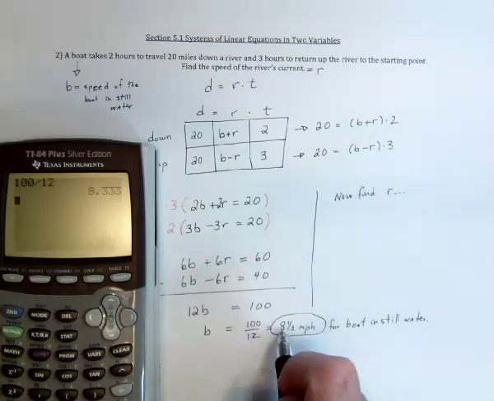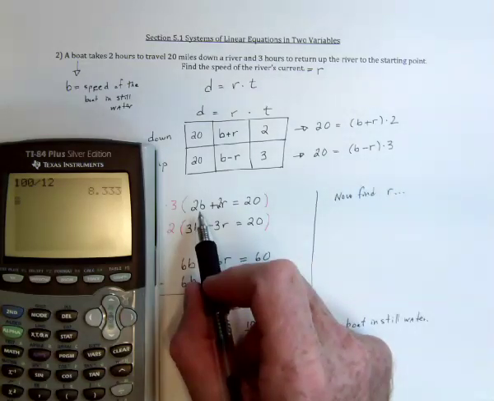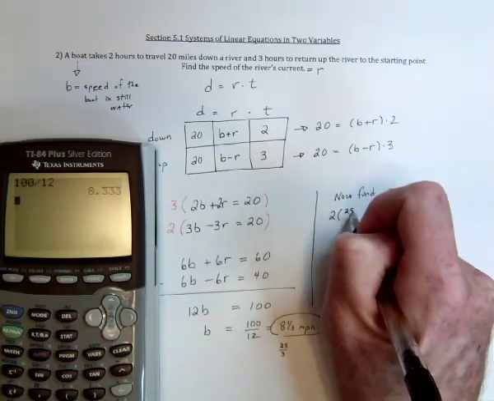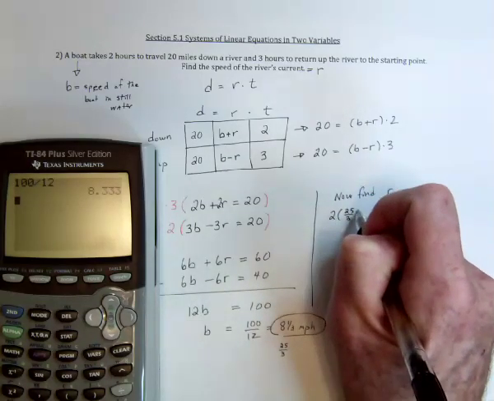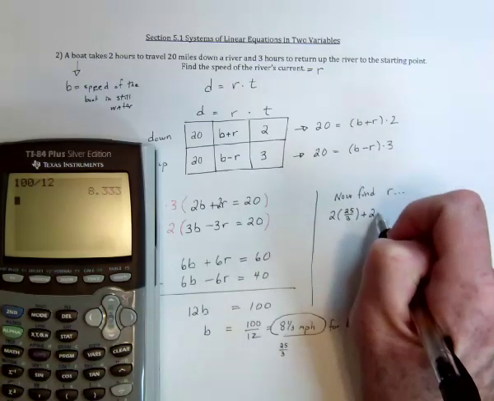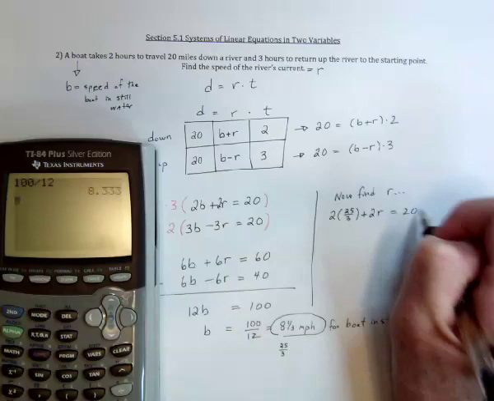So that's going to be 3 times 8 is 24, plus 1 makes 25, divided by 3. So using this equation, we've got 2 times b, so 2 times 25 thirds plus 2 times r equals 20.